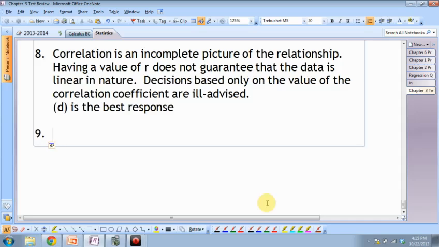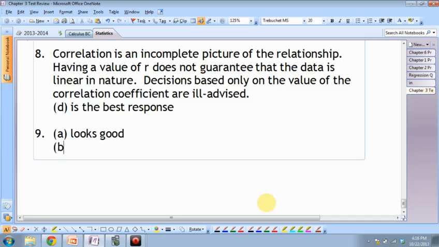B: This equation produces predicted raises with an average error of 0. So let's say A looks good. B, average error. That sounds like the residuals.